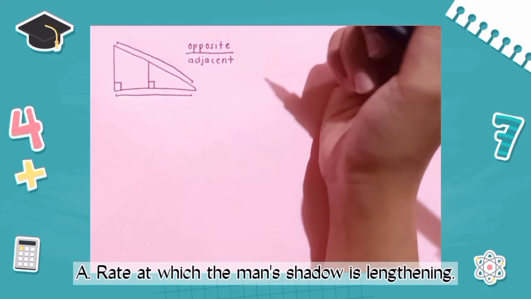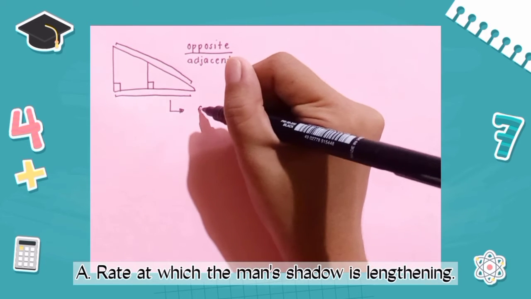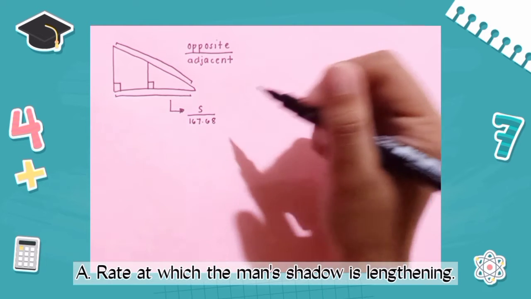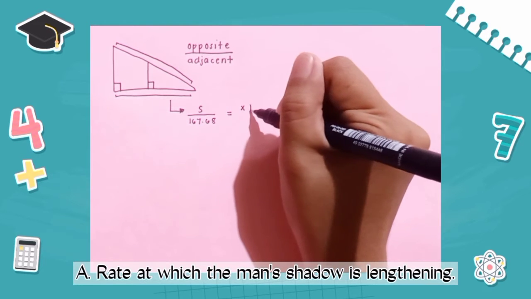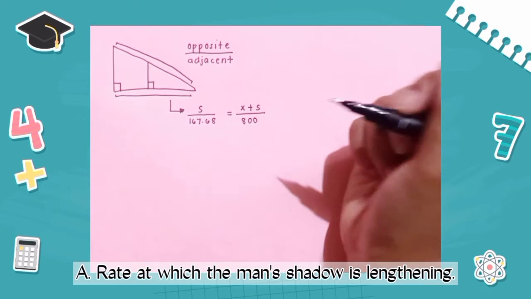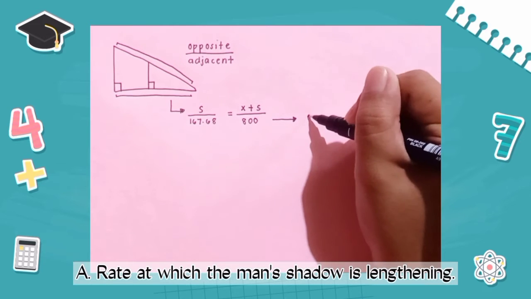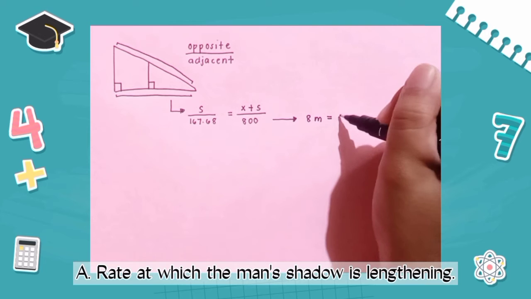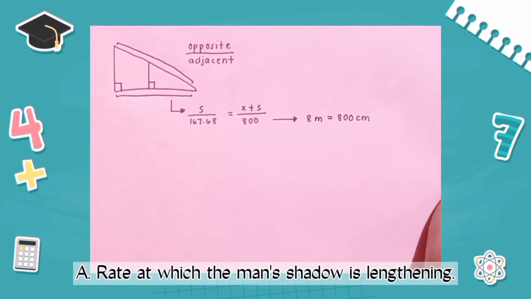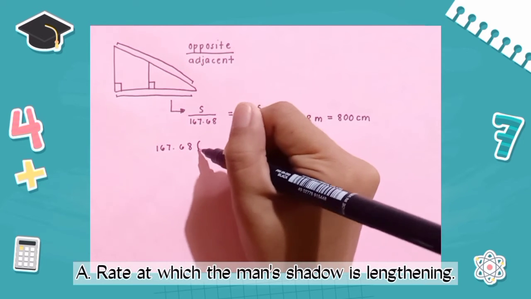Now, from the small triangle, by using opposite over adjacent, we have S over 167.68 is equal to the bigger triangle, X plus S over 800. We have 800 here because we converted 8 meters to centimeters, which is 800. So, by similar triangles, we can find the rate at which the man's shadow is lengthening.